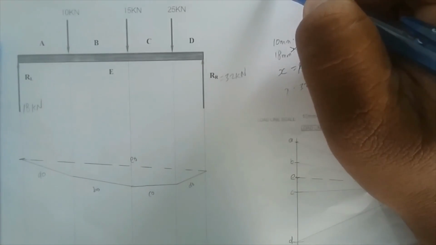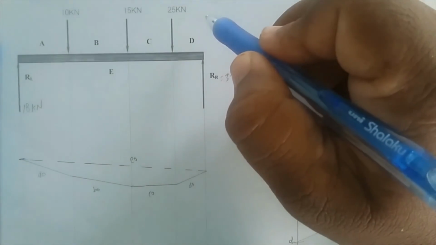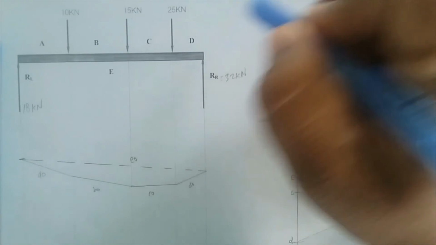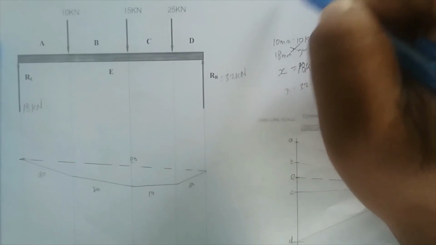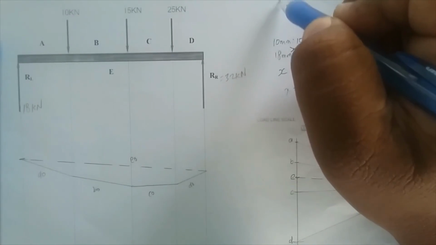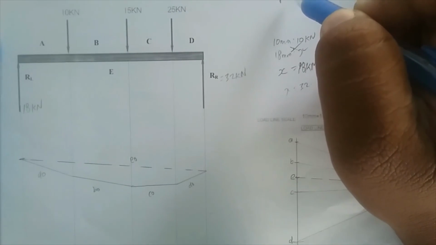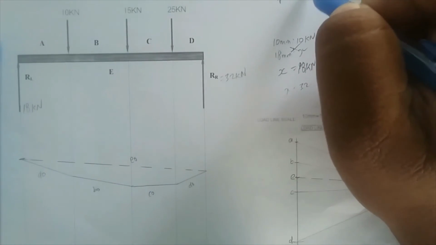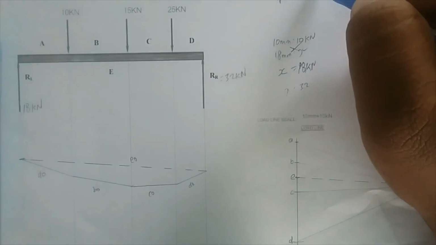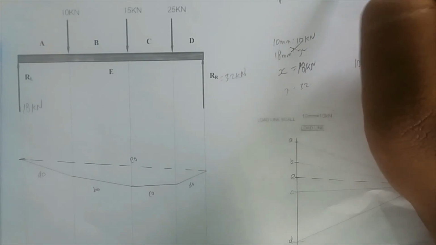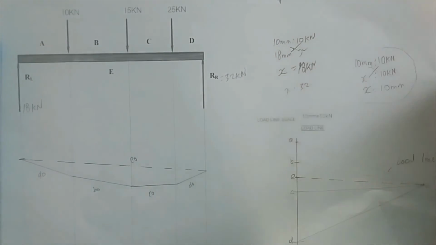The forces acting downwards are 25 plus 15 plus 10, which is 50 kilonewton. Sum of the forces acting upward, 32 plus 18 equals 50 kilonewton. So my values of RR and RL are correct.